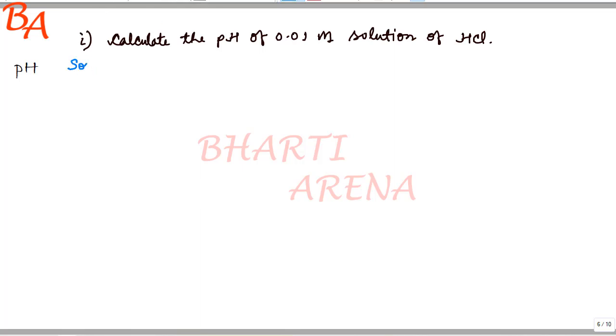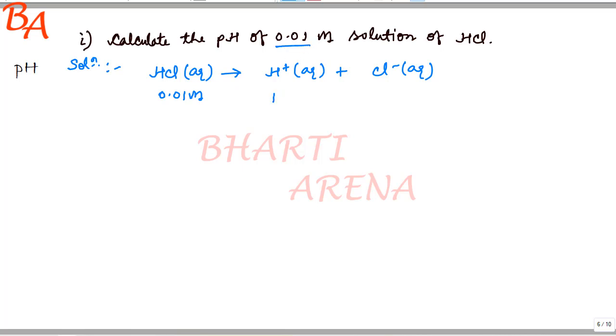Now we will see how to solve it. Here HCl will dissociate like hydrogen ion plus chloride ion. It is 0.01 molar, it is given here, so it will also be 0.01 molar.